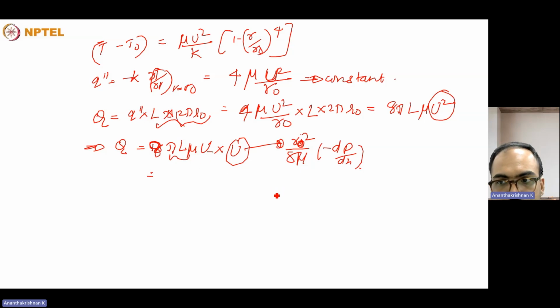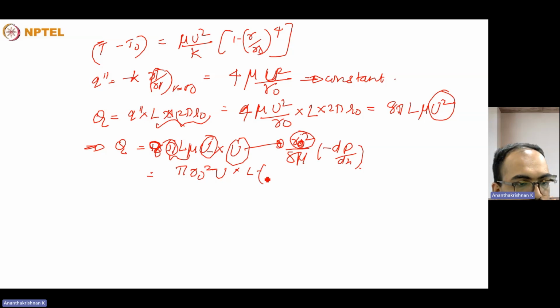So what we could write is pi into r0 squared into U. We can club pi r0 squared and U together, and then the 8 mu will get cancelled, and only dp by dx remains along with L. So that is L into minus dp by dx, which is the pressure drop.